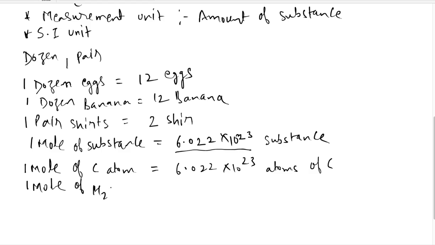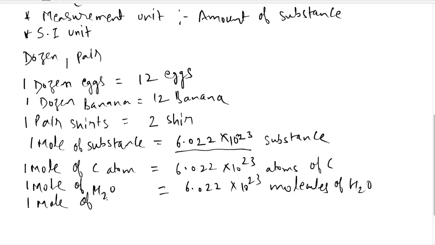water, what does it mean? It means I have 6.022 into 10 raised to power 23 molecules of water. Okay, if I say I have 1 mole of, let's say, oxygen, it means 6.022 into 10 raised to power 23 atoms of oxygen.